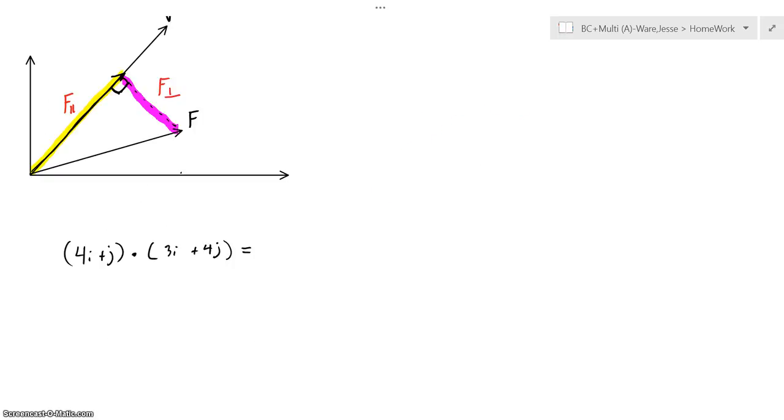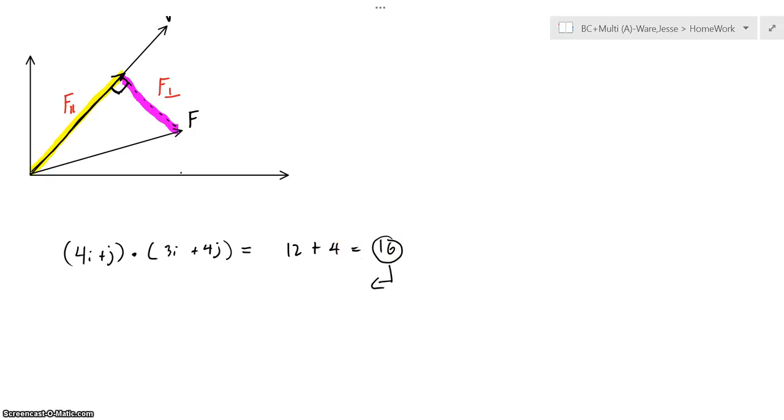Because in this case the dot product is only dealing in 2 dimensions, it makes it a little bit easier, and you end up with 12i plus, or wait, no, there's no i there because this has no direction. So I end up with 12 plus 4, which gives us 16 as a scalar.